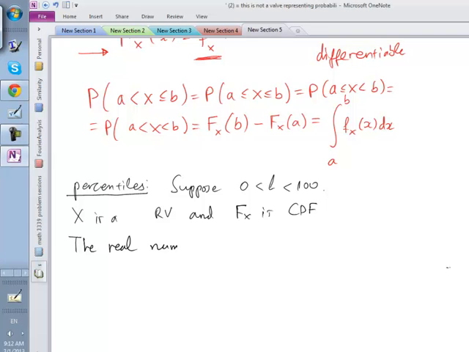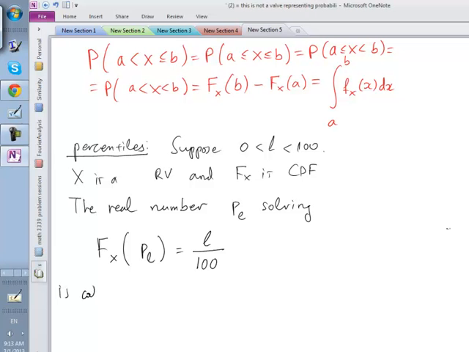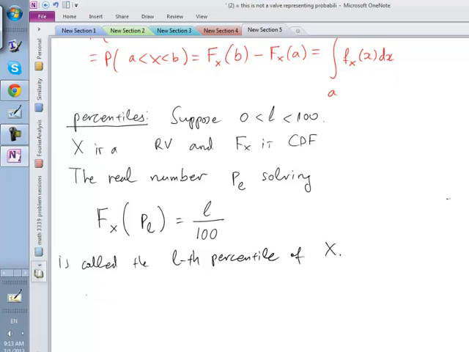The real number P sub L, which is the solution of the equation F of x equals L over 100, is called the L percentile of X. Now, if L is 25, then P sub L, or P25, is sometimes denoted as Q1, and it's called the first quartile.